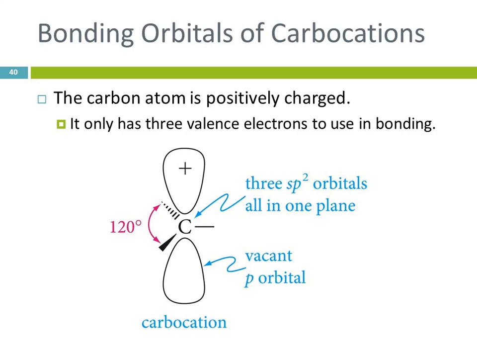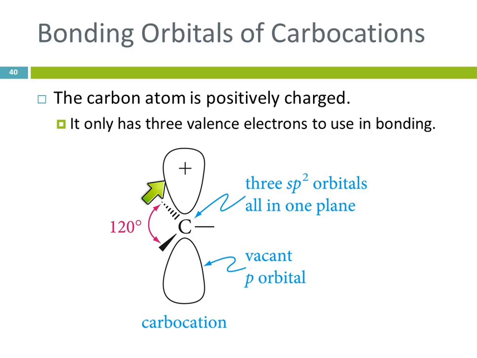The carbocation is going to have a positively charged carbon atom. So we had sp2 hybrid orbitals, and one of these was overlapping with another carbon to form the sigma bond, and then we had this pi bond that was overlapping side to side.